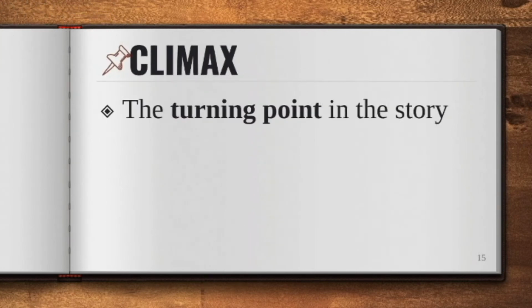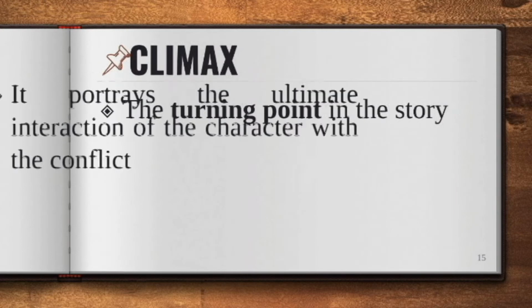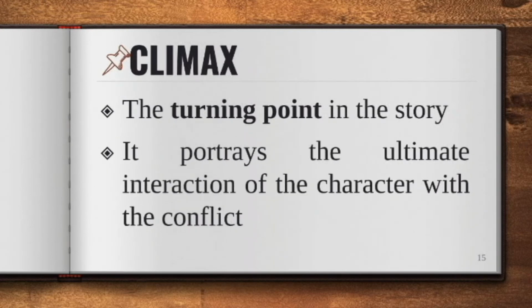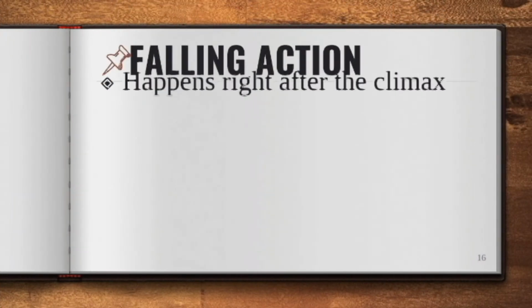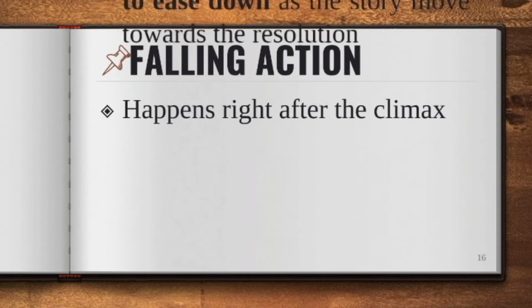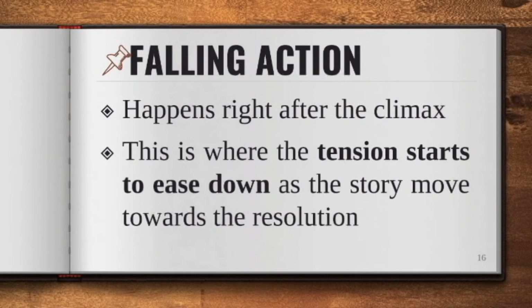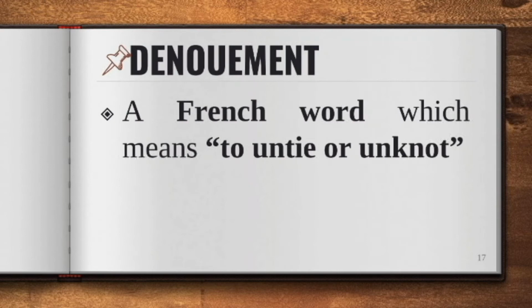Climax is the turning point in the story that portrays the ultimate interaction of the character with the conflict. Falling action happens right after the climax. This is where the tension starts to ease down as the story moves towards the resolution. Denouement is a French word that literally means to untie or unknot.